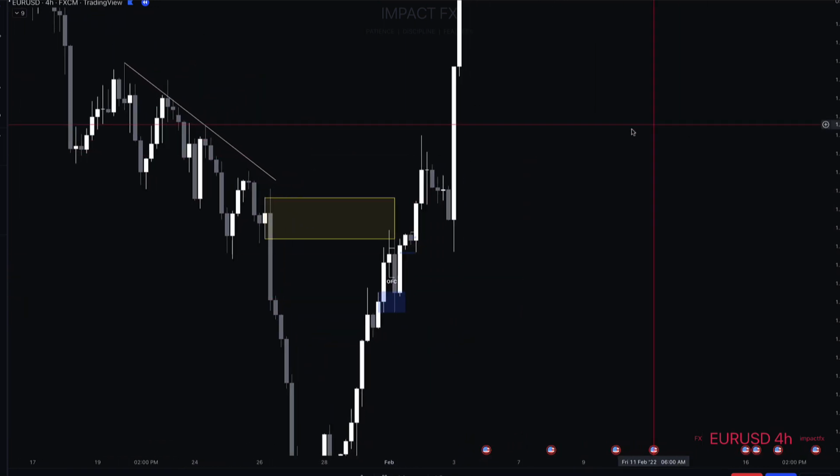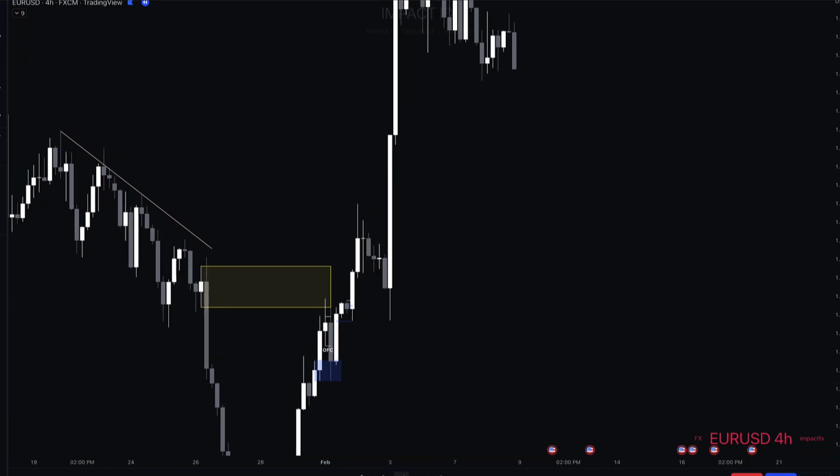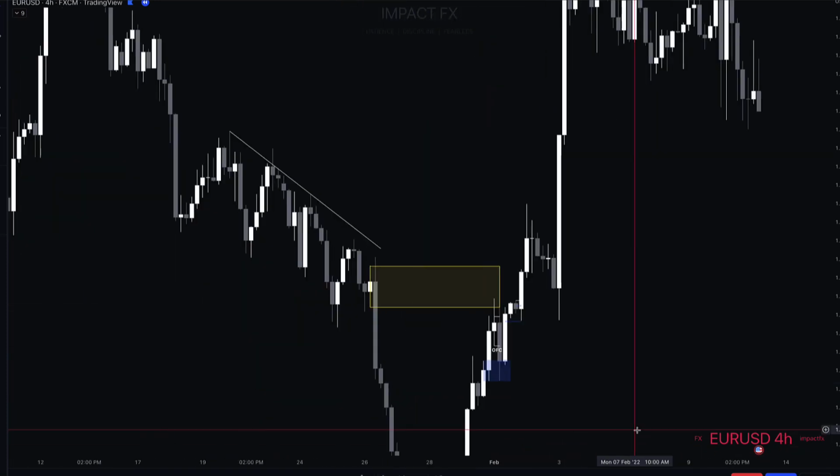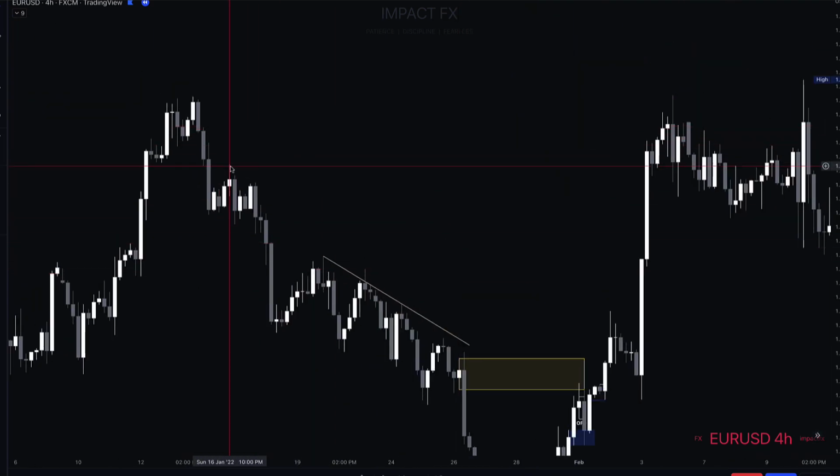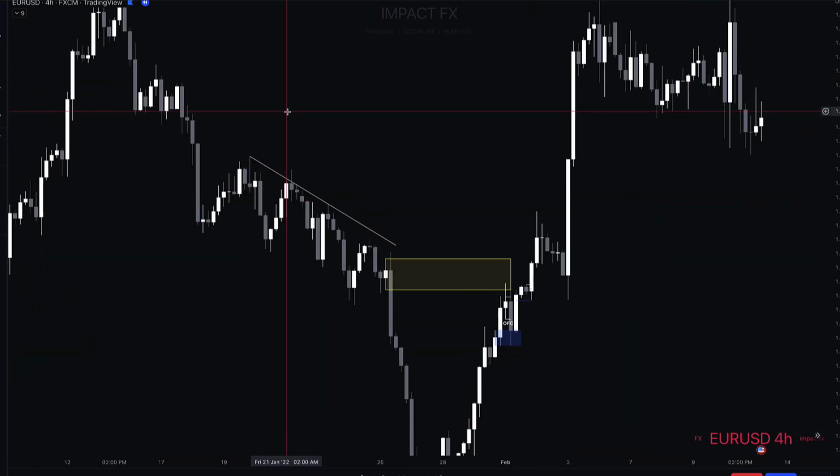So in terms of the overall price action, this is why now you have this massive move to the upside, because the trendline liquidity was still intact, and we have all this unmitigated price action up here for the overall trend.